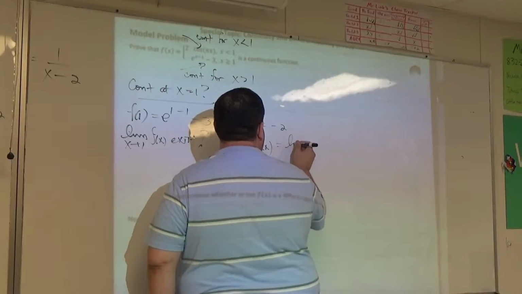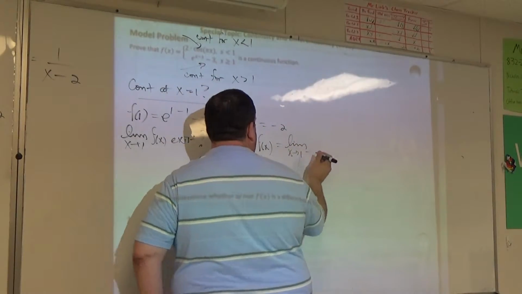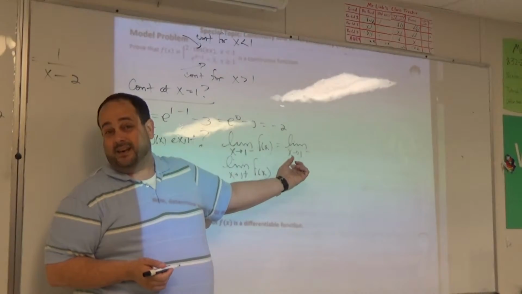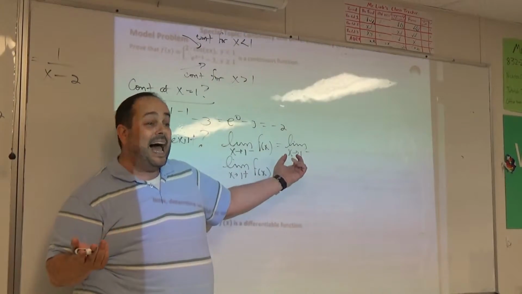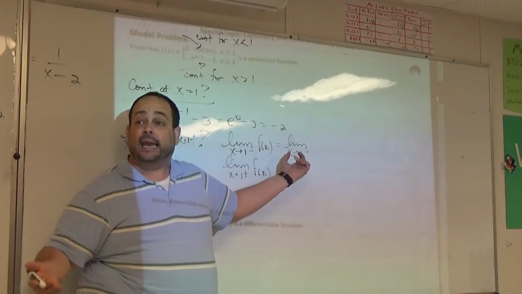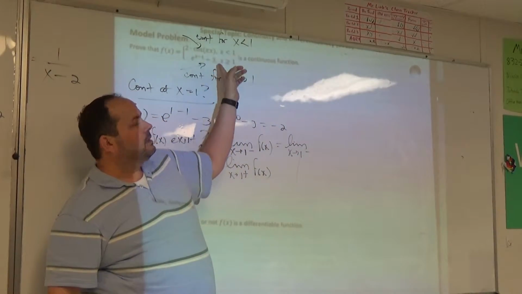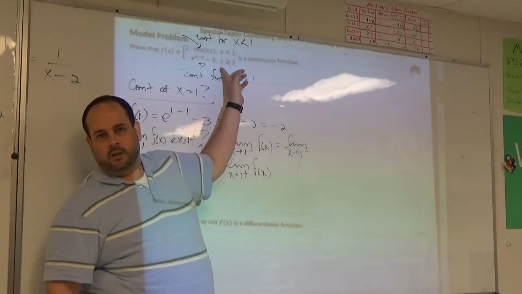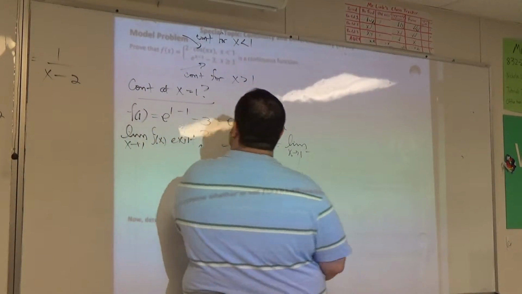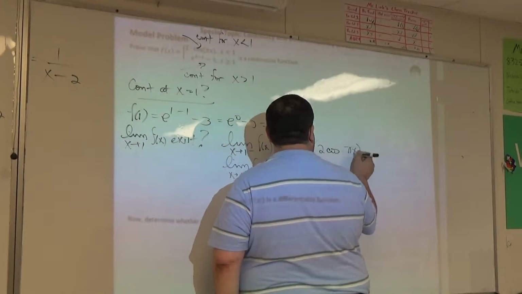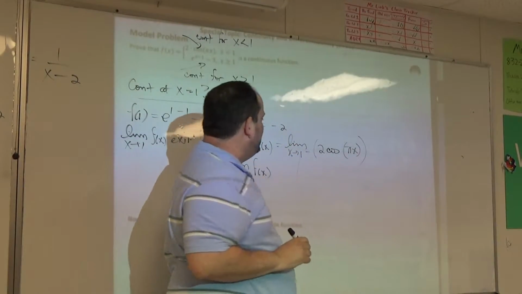Well, let's do it. Limit as x approaches 1 from the left. If I'm to the left of 1, that's a number like 0.9, 0.99, 0.9999999. First function, second function. First function. So evaluate that limit of the first function, 2 cosine pi x.